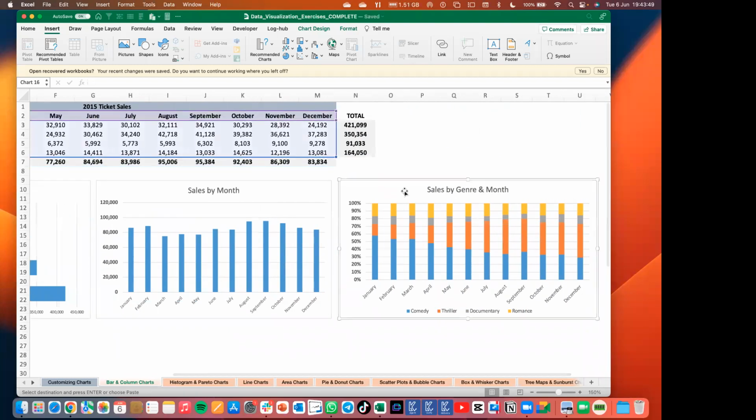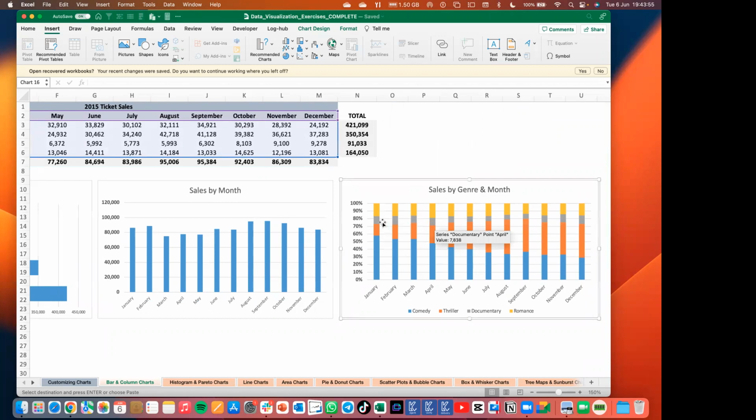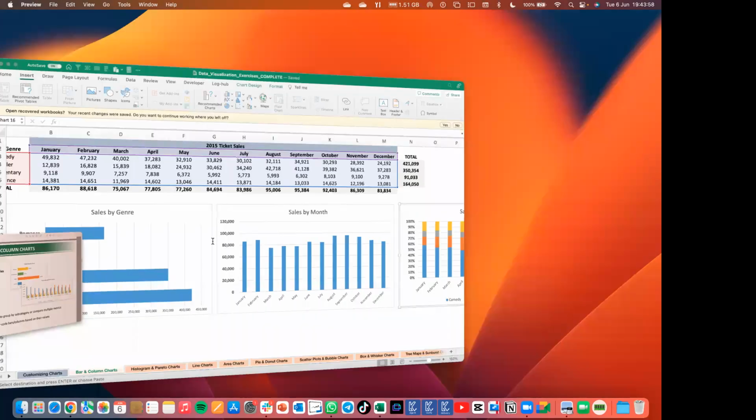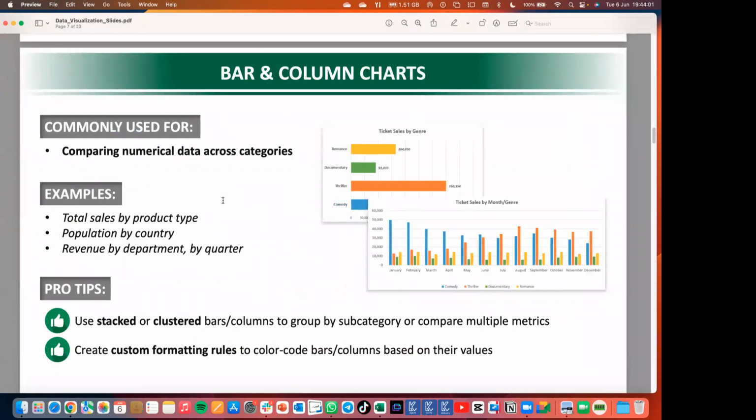This one is stacked. We are going to get the purposes why we stack. It is not because it is beautiful that we should always stack. Now, the first thing: this is used to compare numerical data across categories. If you don't have anything numerical in your data, don't tamper with bar charts and column charts.